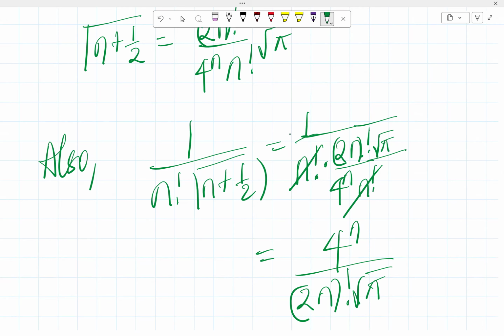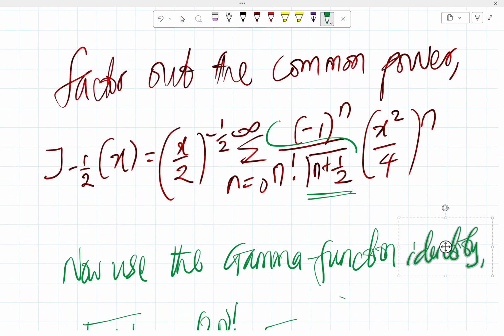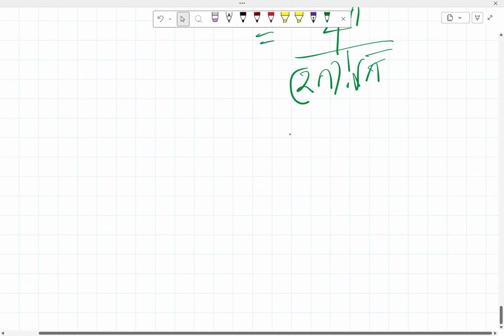So with all of that in place, we have taken care of this whole part. So we just put it back there and keep moving.